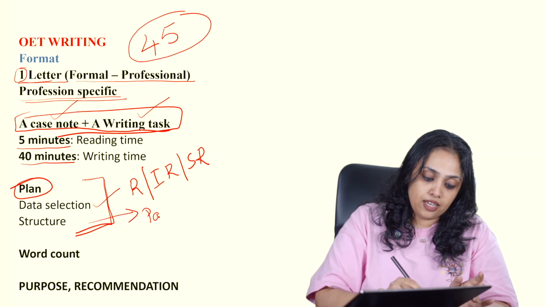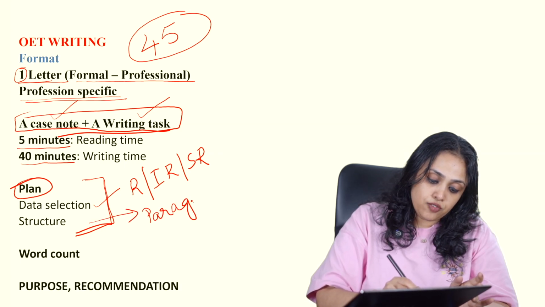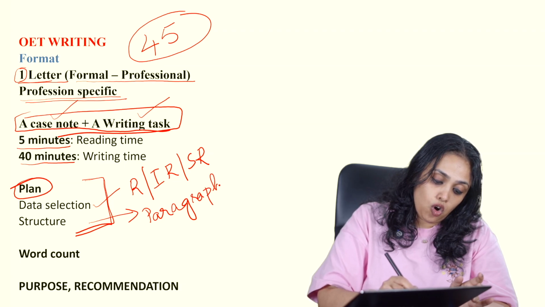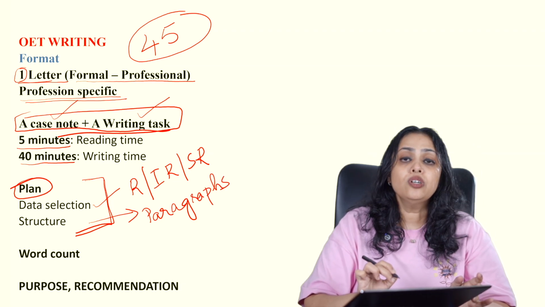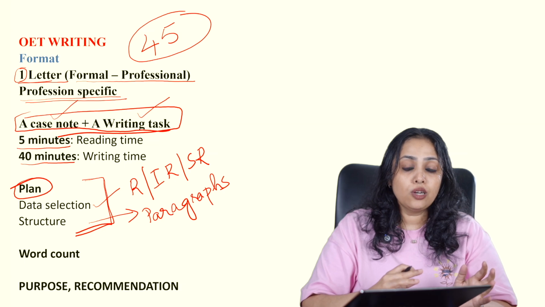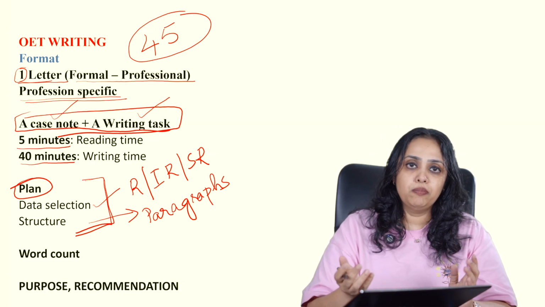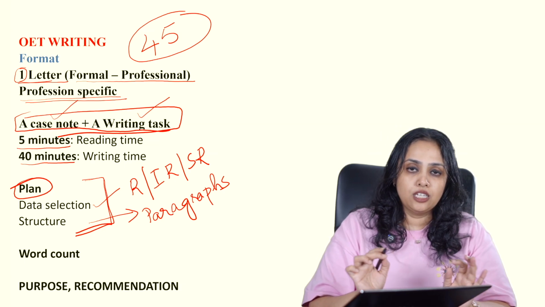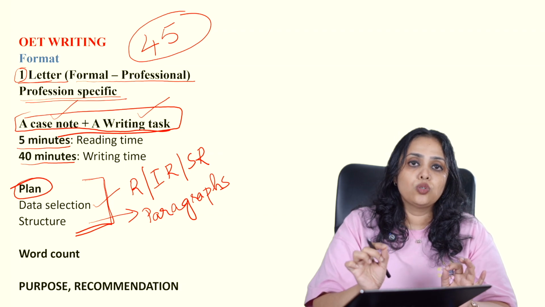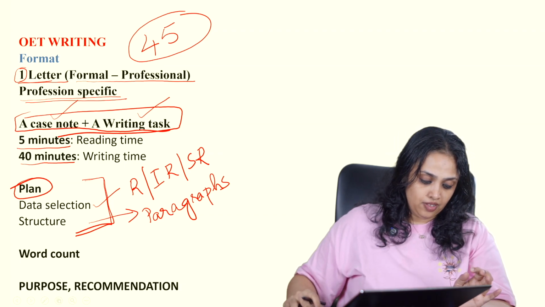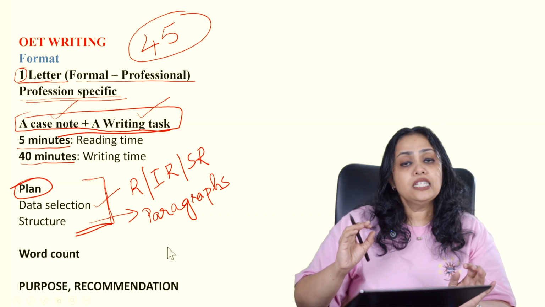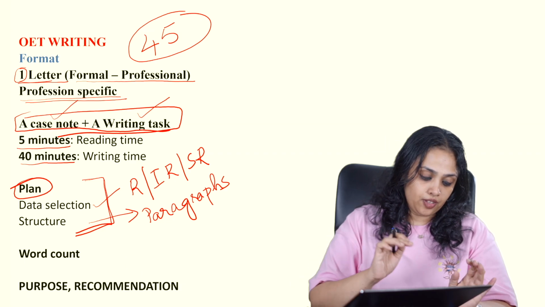Structuring means the paragraphs. How many paragraphs you can have and what is the order of those paragraphs, you need to decide. So you know what to include and how to include. Now it's simple. You just need to transform the selected case notes into grammatically right sentence structures.